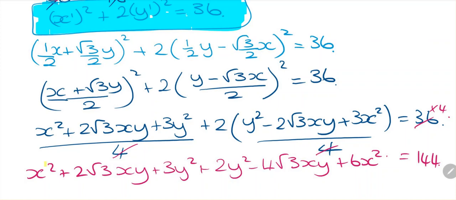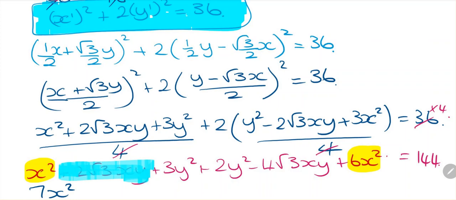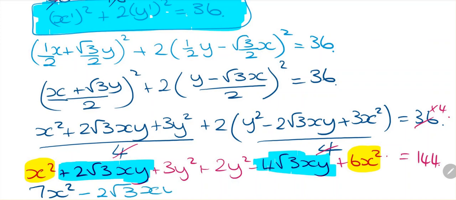So we have an x squared and a 6x squared. If we add those together, that's 7x squared. And then we have a plus 2 root 3 xy and a minus 4 root 3 xy, so this is going to be minus 2 root 3 xy.